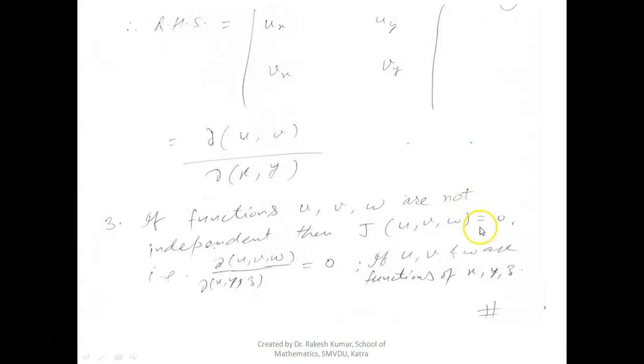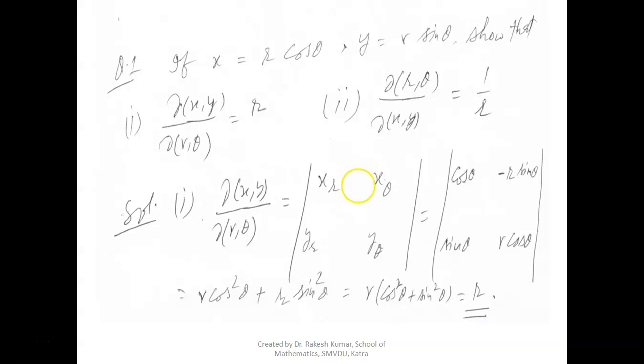So this is an application of Jacobian, that we can test the functional dependence and independence of functions by using the concept of Jacobian. Second thing is, in double integration, wherever there is a change of variables, we can apply the concept of Jacobians.